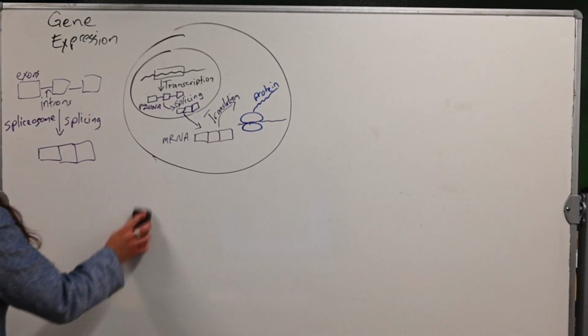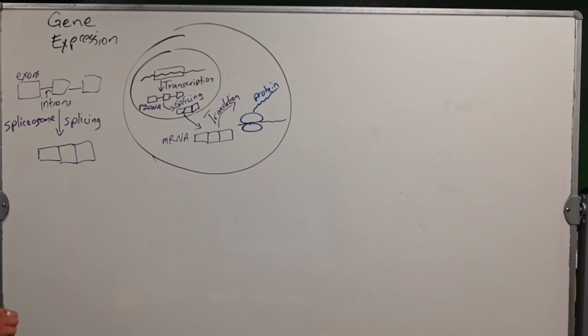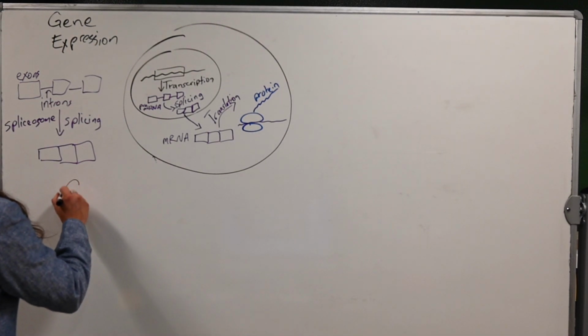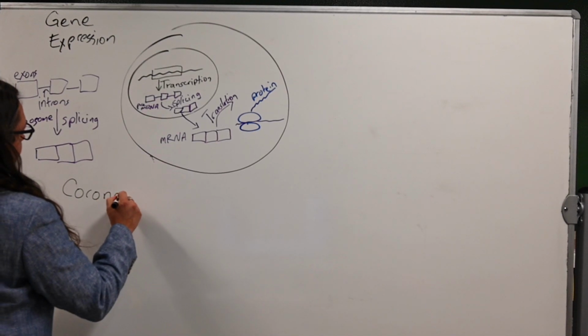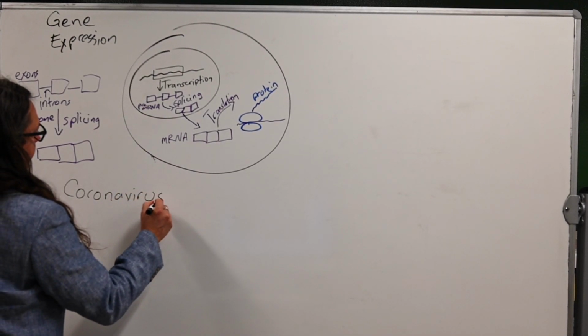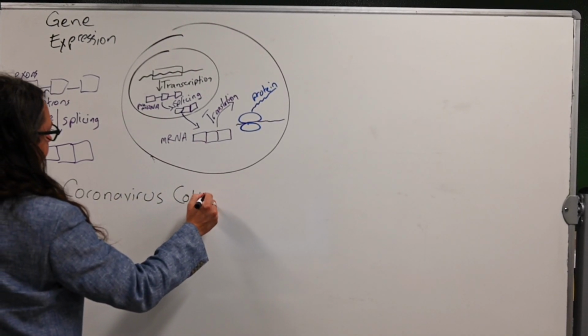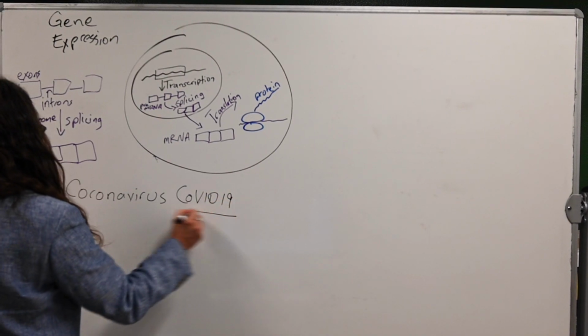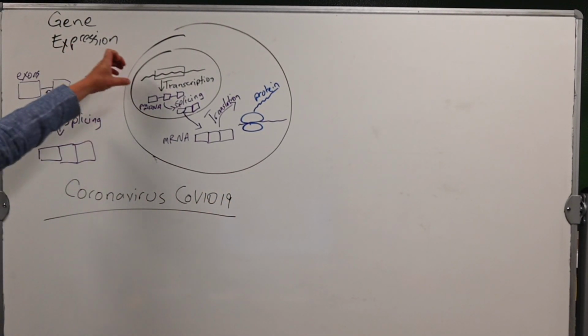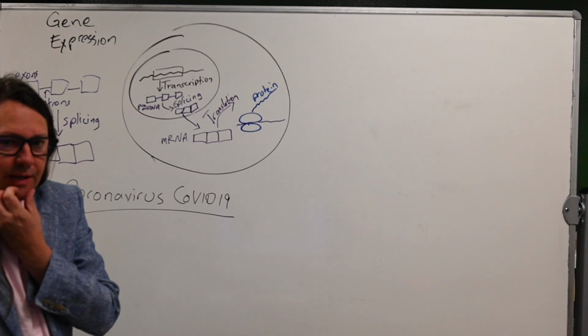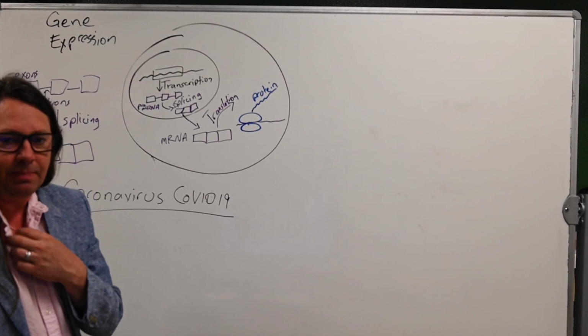So now let's go to coronavirus, and specifically, of course, COVID-19. Okay, so what type of genome do we have? What type of genome do the eukaryotes have?